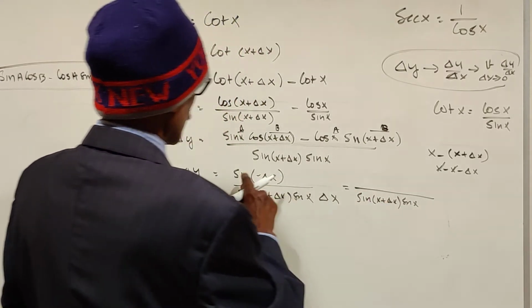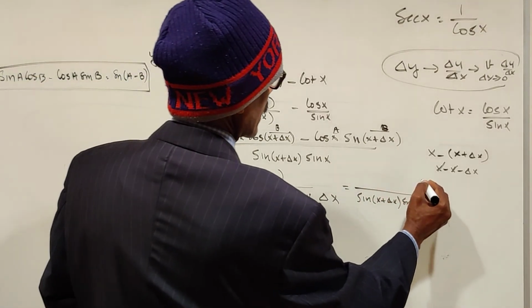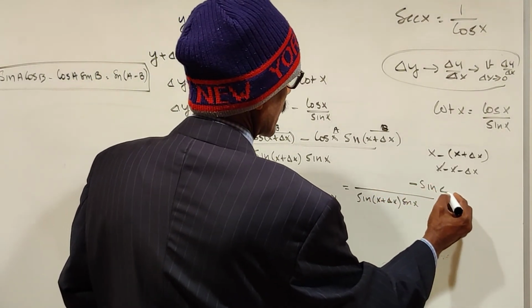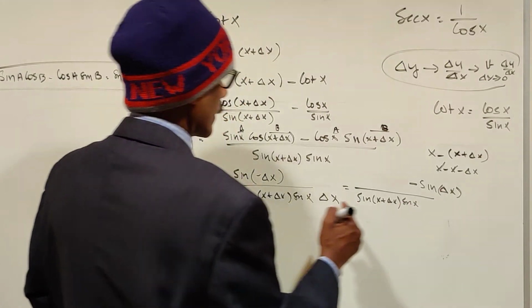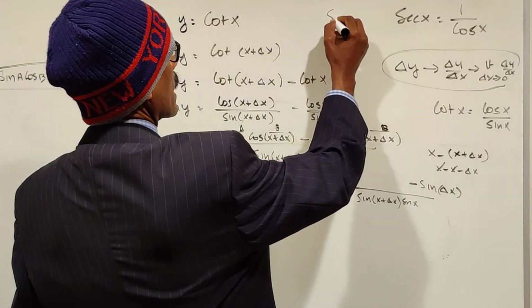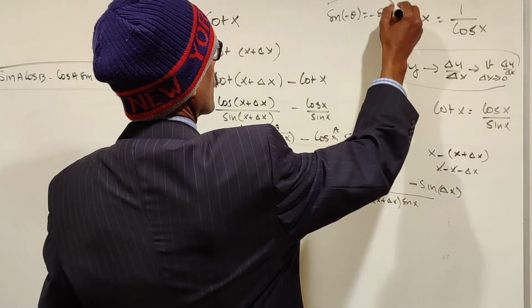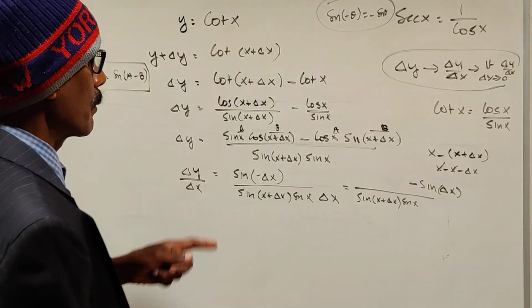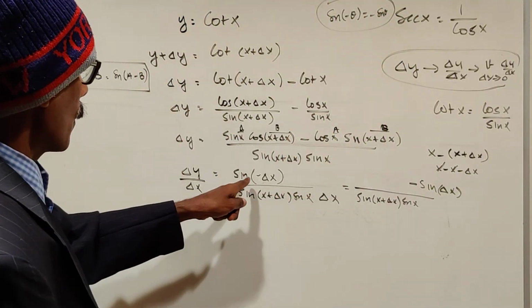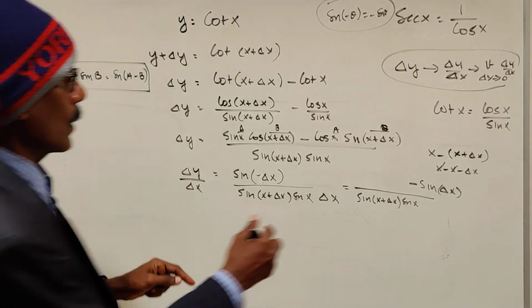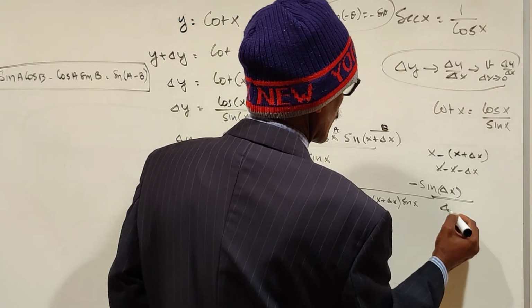Then sin of minus delta x is minus sin delta x, right? Because sin of minus theta is minus sin theta. Okay, minus comes outside. So I need to divide by delta x here.